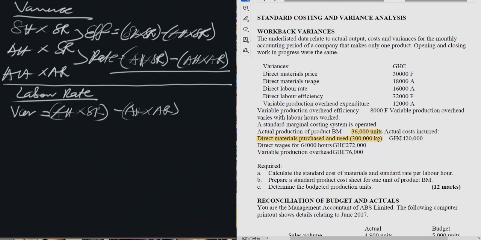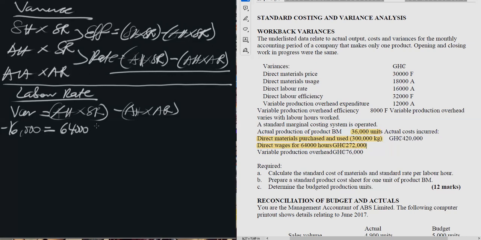So what then do we do? Let's start working. So labor rate has been given us 16,000 adverse, meaning negative, right? So actual hour, was it given in the question? So go to labor. It said direct wages for 64,000 hours, giving us total cost of 272. Now they've given it to us, the actual data in the question. So if we come here, actual hour was what?